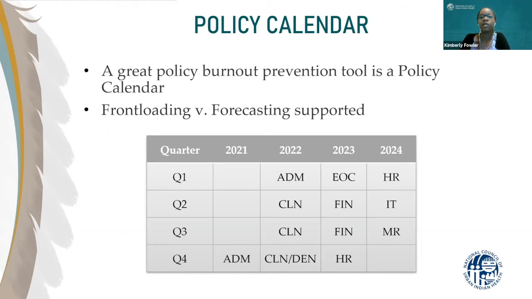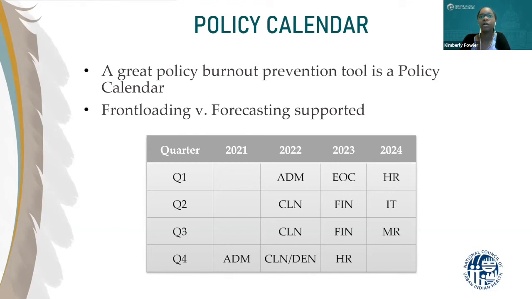A mitigation strategy after you've front loaded your policies is to create a policy review calendar. Using this approach, which can be seen on the screen, you can forecast when the board committee might have more meetings, and when your committee might need a break.